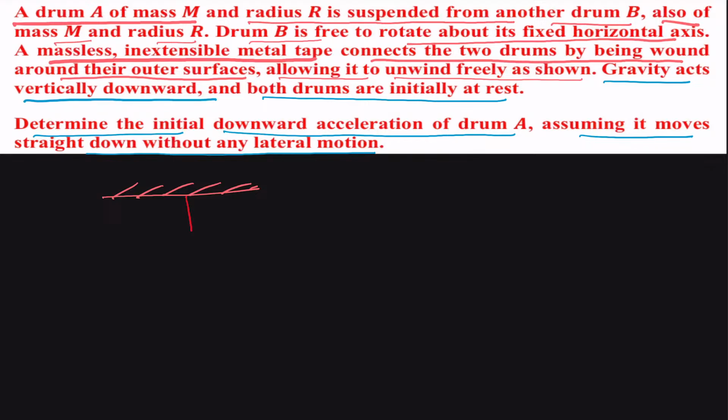So we have a drum B which is fixed, and around this drum B there is a tape which is wound, and it is connected to another drum, A. So this is drum B and this is drum A, and what is going to happen is that as drum B rotates, drum A is also going to rotate as well as fall in the downward direction. Okay.